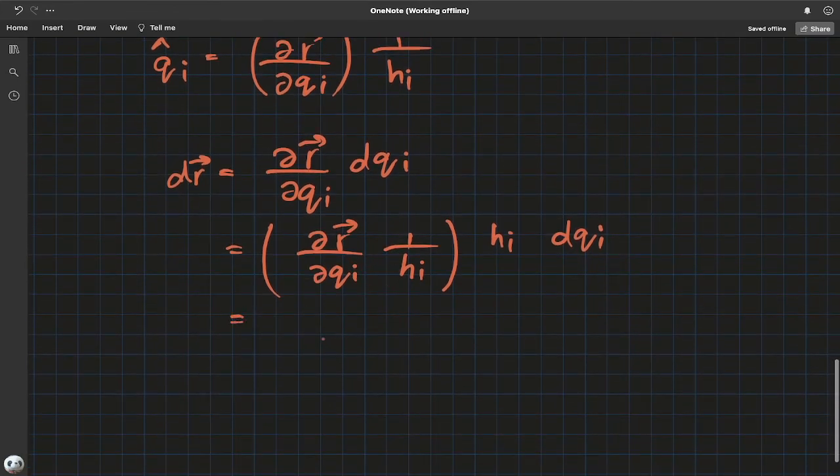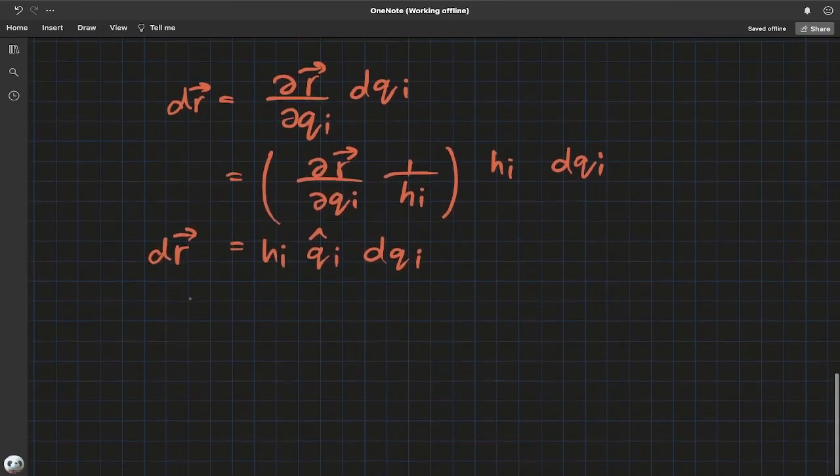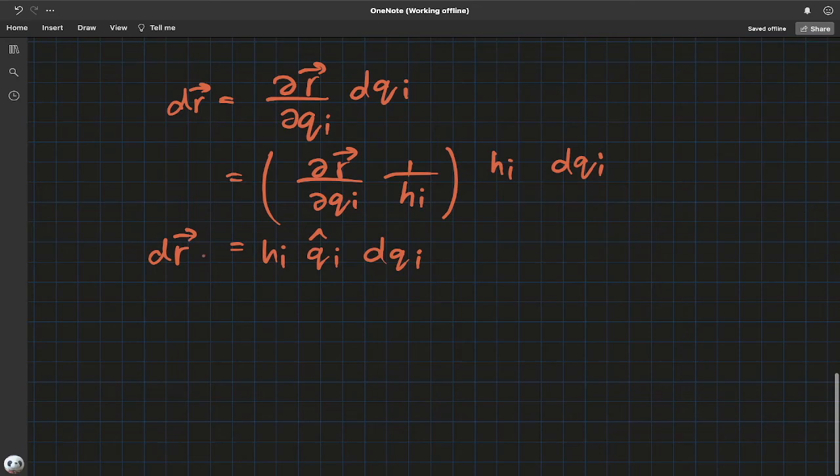Now this guy in the bracket is just your qi hat. This is your h1 dqi. So this is how you represent your infinitesimal change or your infinitesimal position vector in terms of your generalized curvilinear system.